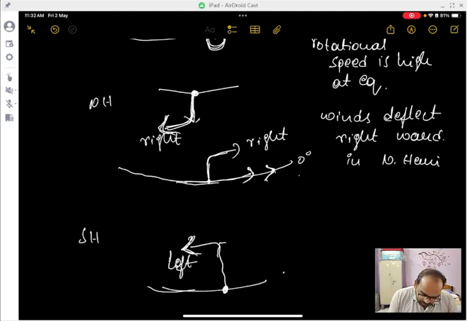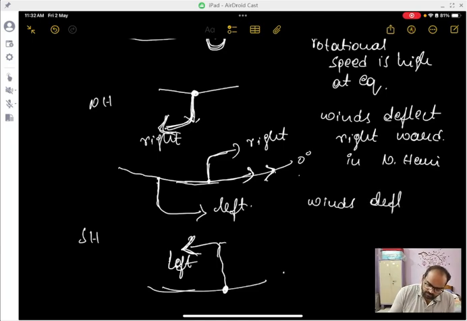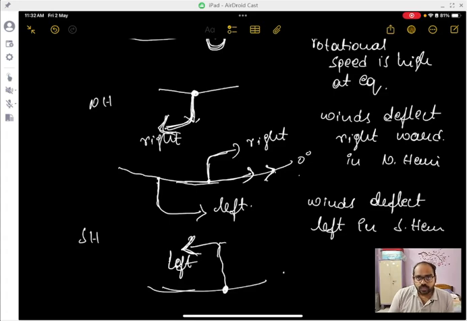Similarly, when wind travels from equator to poles, that is low speed area to high speed area, what happens? It deflects ahead, it is also left. Okay, so we say that winds deflect left in southern hemisphere due to Coriolis force.